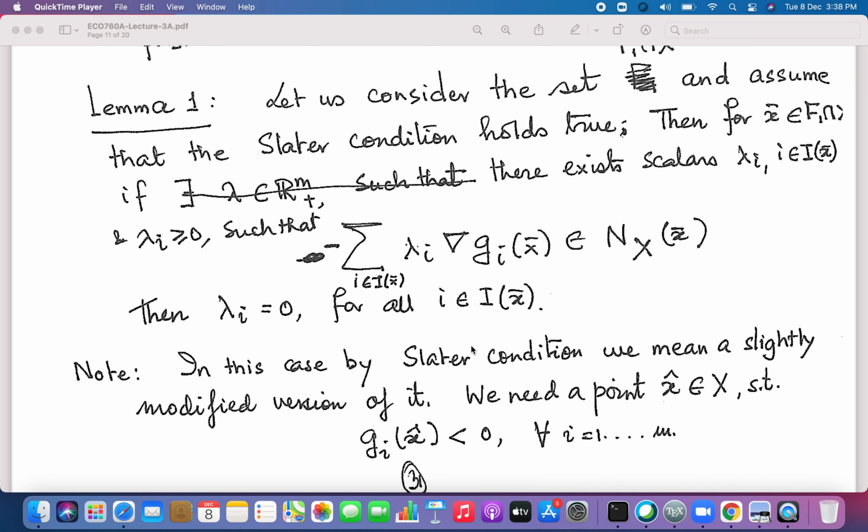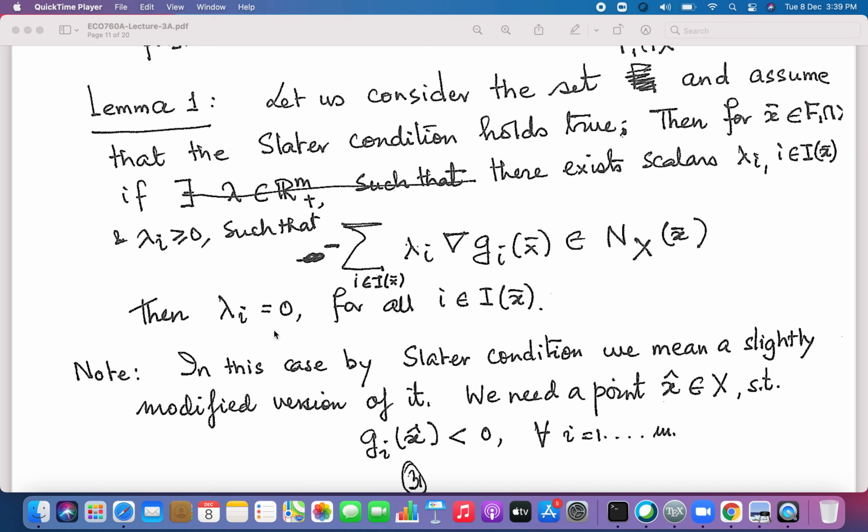Take x bar, an element of f1 intersection x. If there exist scalars lambda i, belonging to the active index set, with lambda i greater than 0, such that the negative of the sum of lambda i grad gi x bar, that is, the negative of a vector belonging to S x bar, which is N f1 x bar, belongs to N x bar, because the Slater condition is holding, then that vector from S x bar must be 0, and all the lambda i's would actually become 0.